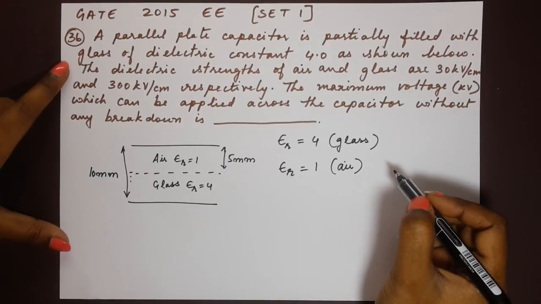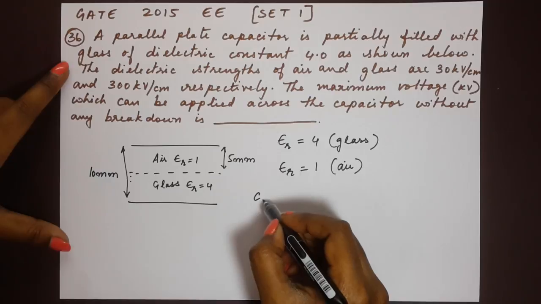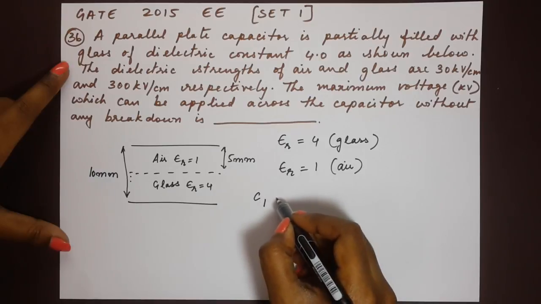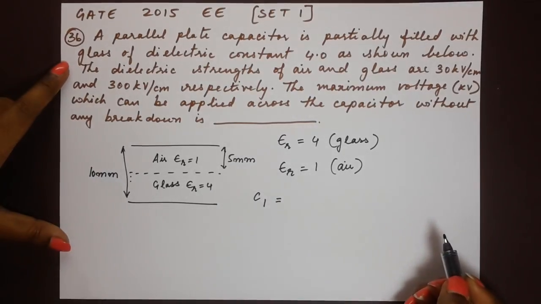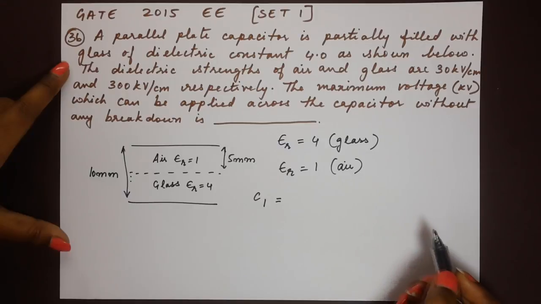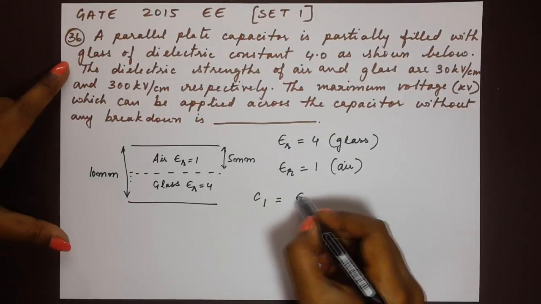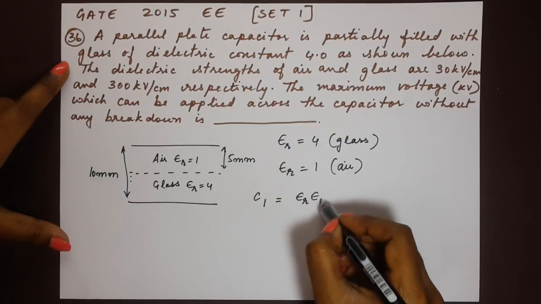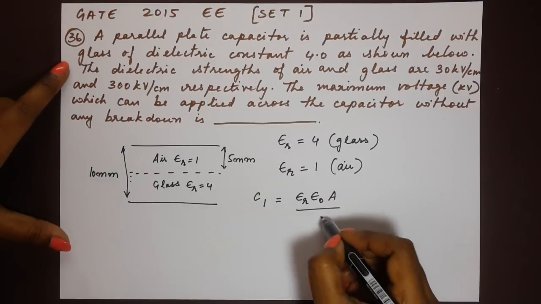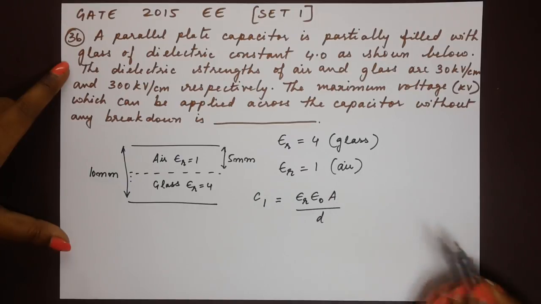So first let's write down the capacitance C1 with respect to the glass and with respect to air as well. So C1 is written as epsilon r into epsilon naught A divided by D, where A is the area and D is the distance or the width.